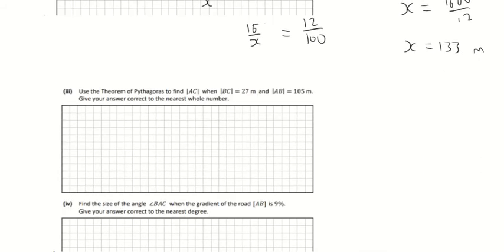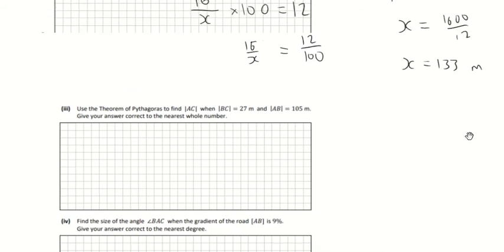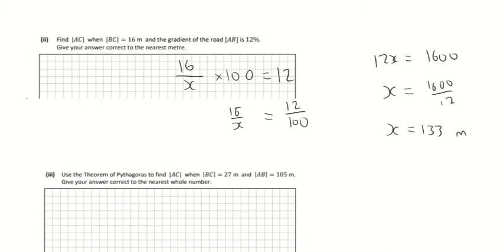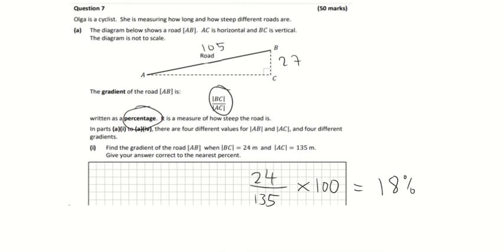So next one, the theorem of Pythagoras, so you use it to find AC when BC is 27 and AB is 105. So you're looking for one of the short sides here, so we'll just call that y.